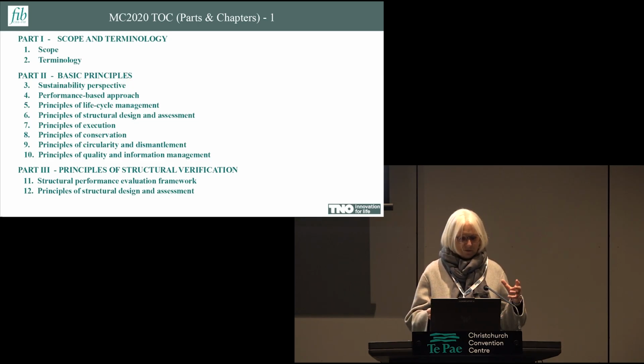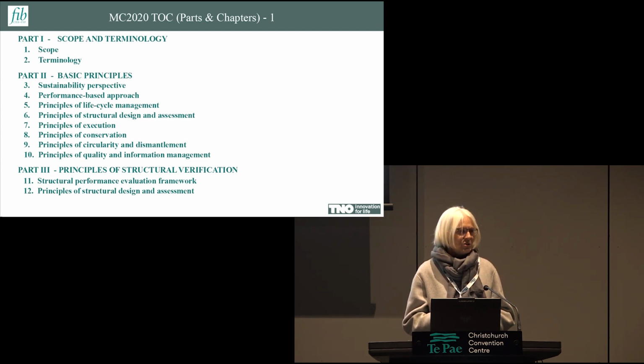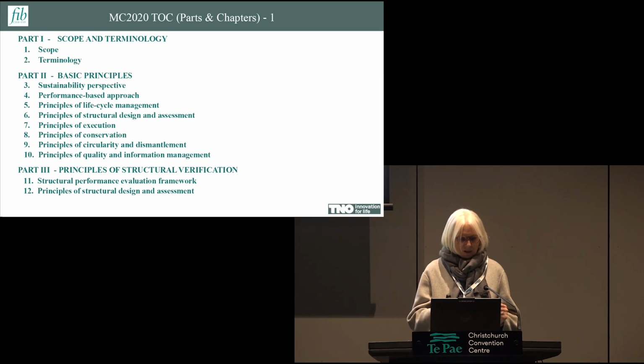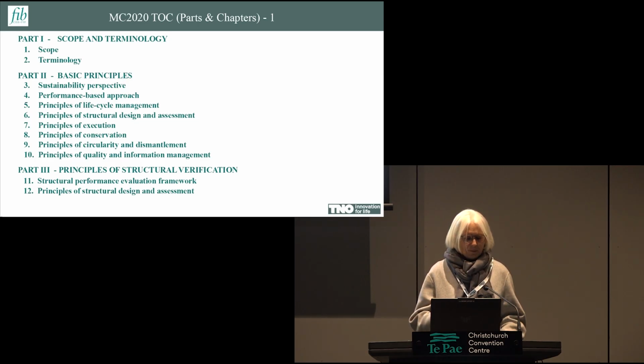We start from the assumptions that are relevant for the design, we end up with execution, conservation, and end-of-life treatment, circularity, dismantlement, and we also discuss quality and information management. Very broad, of course. The main focus is on principles of structural design and assessment and implementation of this in practice.